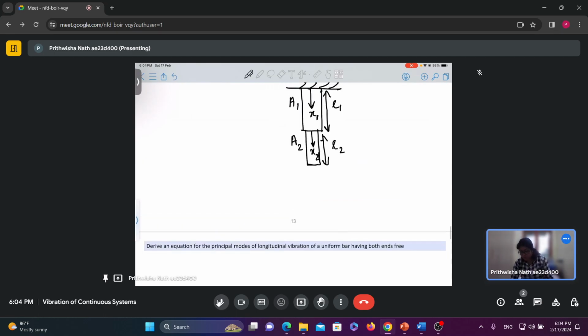So for this case, I have to write two equations for the two bars respectively. So how can I write this?